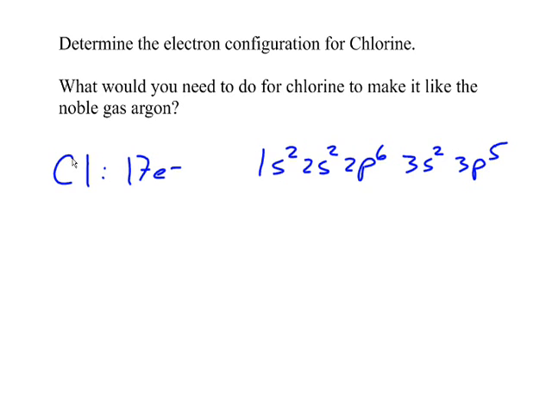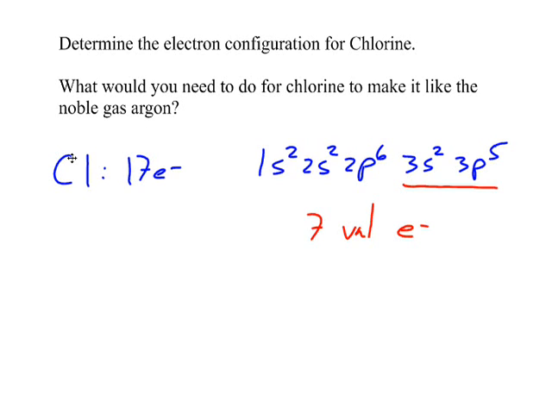And we know that the highest principal energy level is the valence shell, so that would be the third energy level. We get to count both the s's and the p's. So chlorine has 7 valence electrons. Chlorine will tend to want to gain 1 electron to become like argon, which has 18 electrons. The 18th electron would make that a 3p6, and it would be a full valence shell.